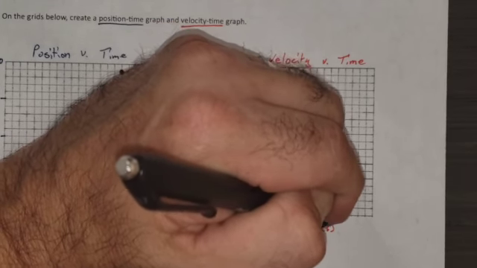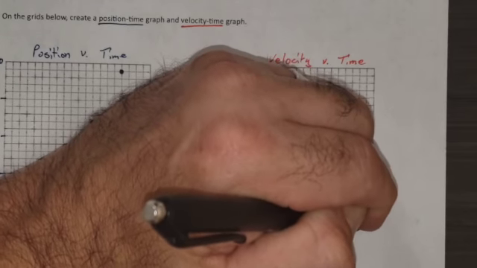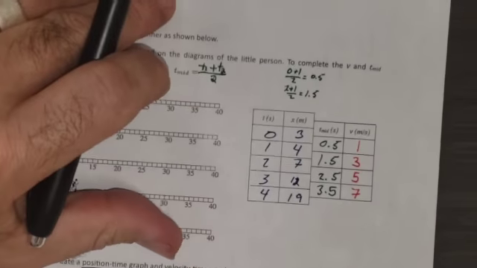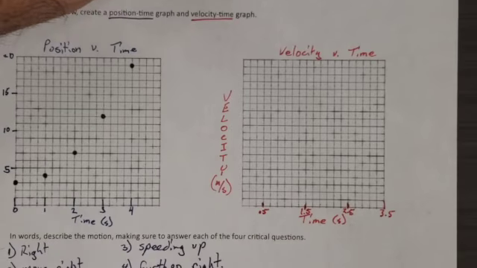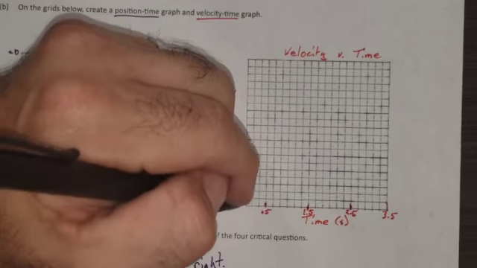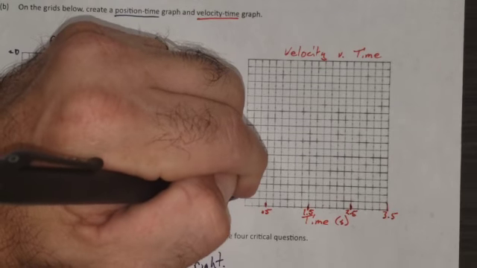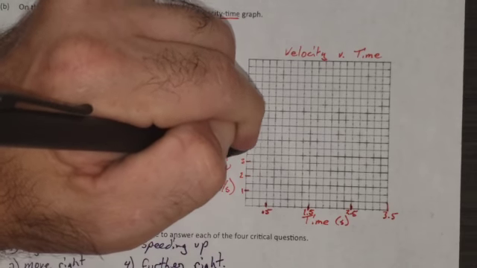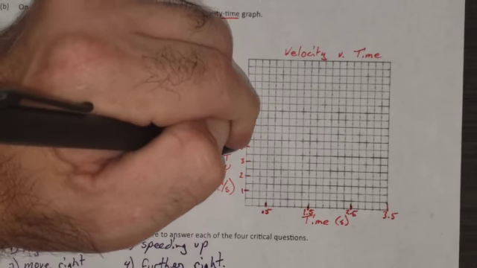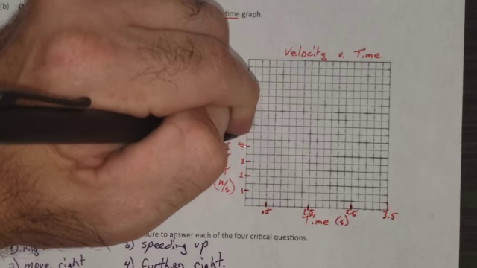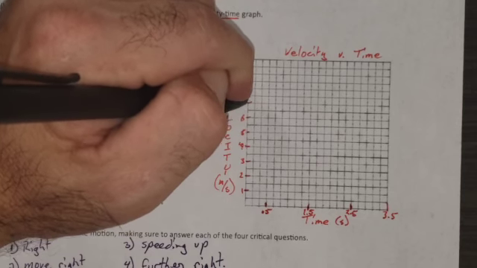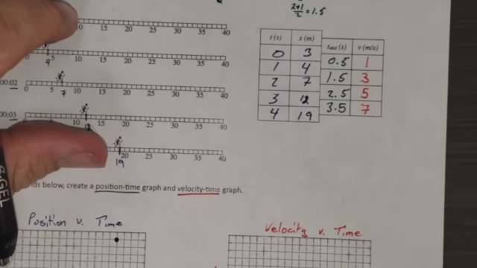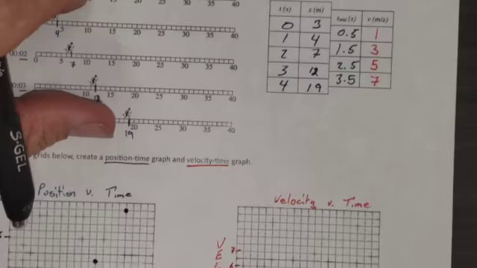This will be 2.5, and then this one will be 3.5. Now for our vertical axis, we only have 7, so this is 1, and 2, 3, 4, 5, 6, and 7.